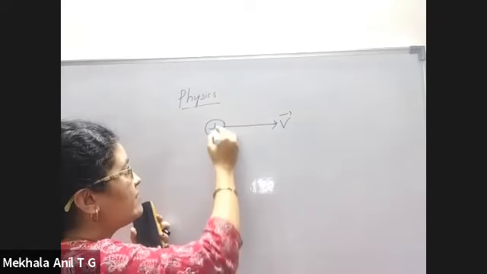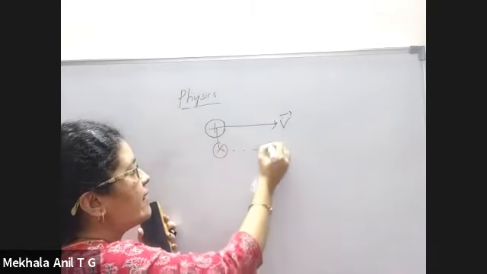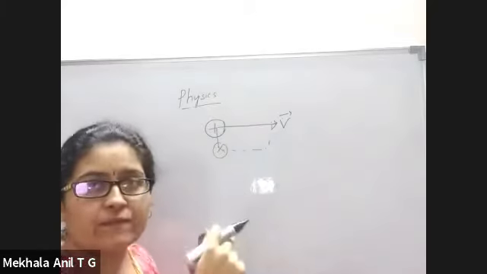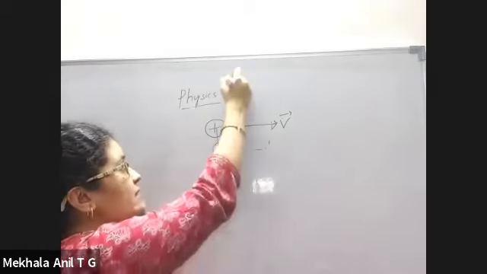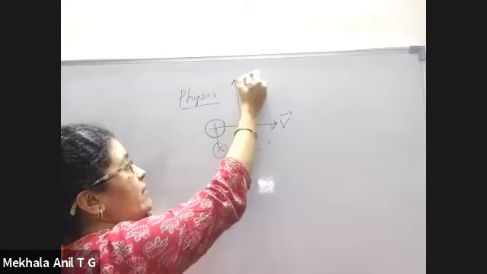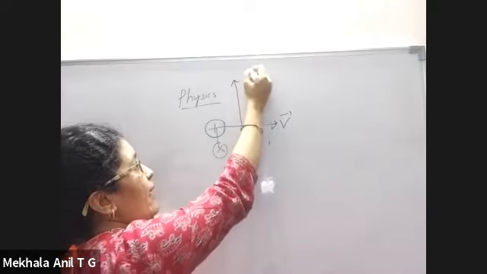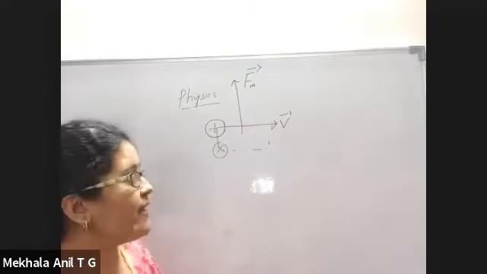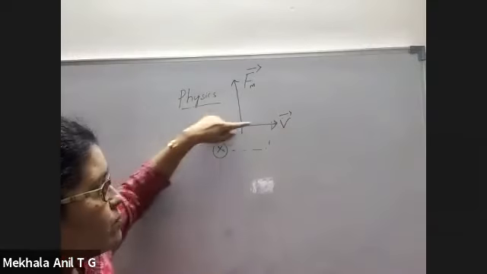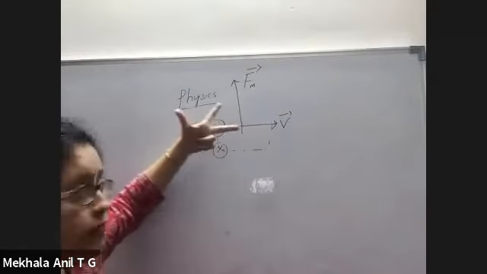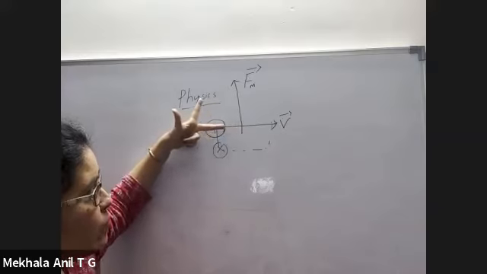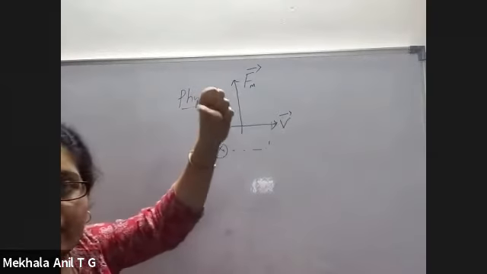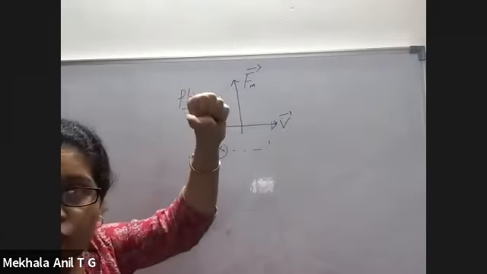So this constitutes a plane. Perpendicular to this plane will be the magnetic force Fm. So whenever a charge starts moving with a velocity, if you apply Fleming's left-hand rule, this is the direction of the charge and the direction of the magnetic field is coming out of the board.